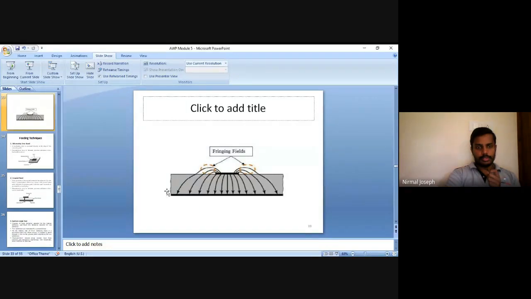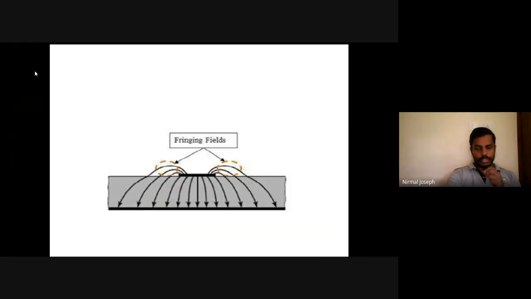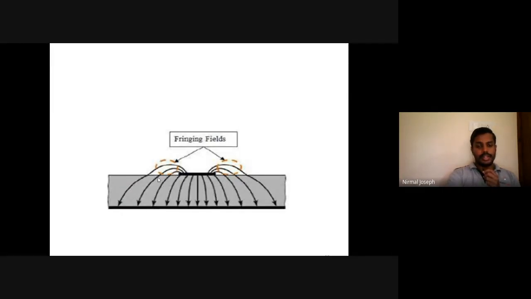So what is the solution for that? We can use a medium with lower epsilon r, so that this will become more bowed. Bowed means the bending becomes sharper.